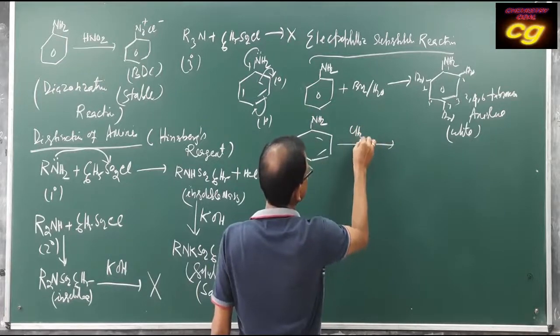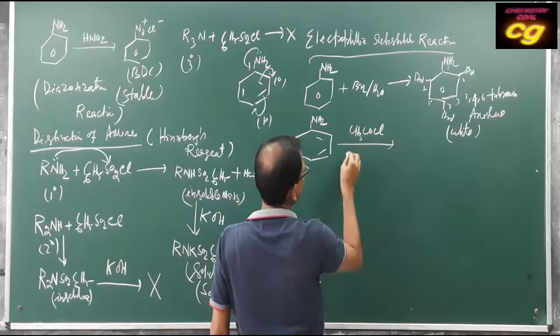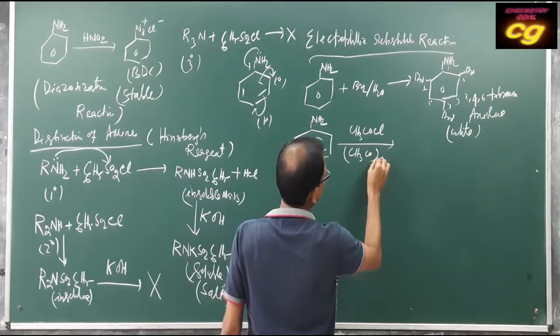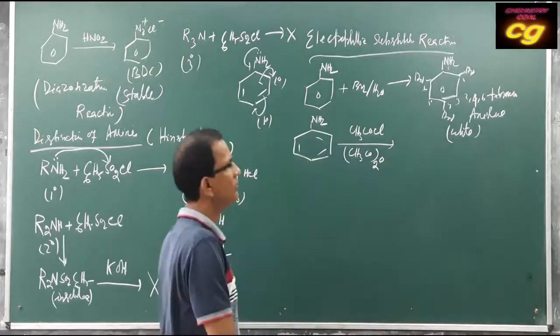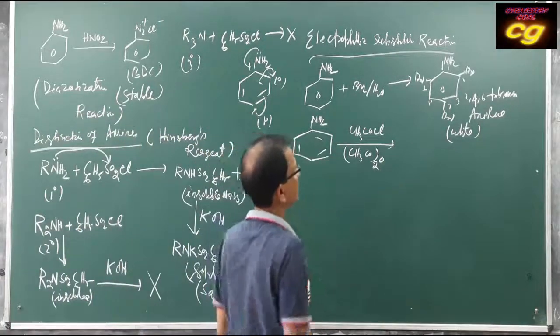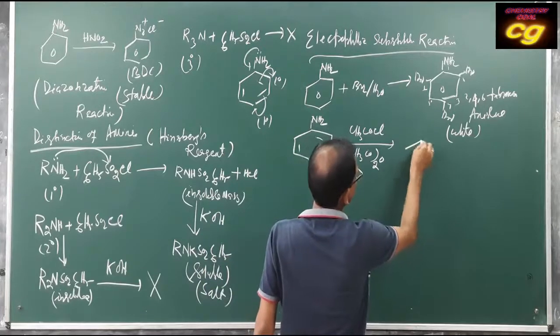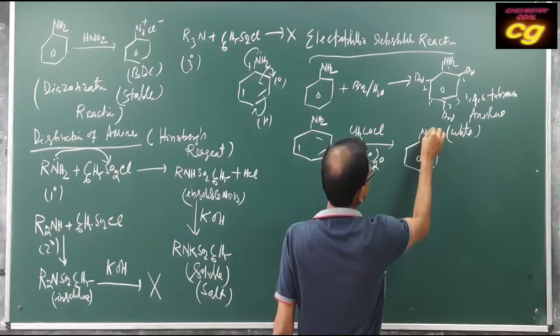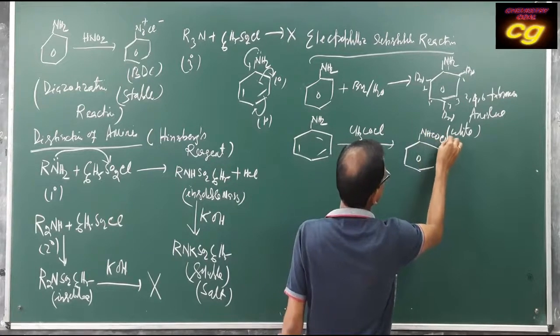First it reacts with an acid halide or acid anhydride, forming the acylation product, NHCOCH3.